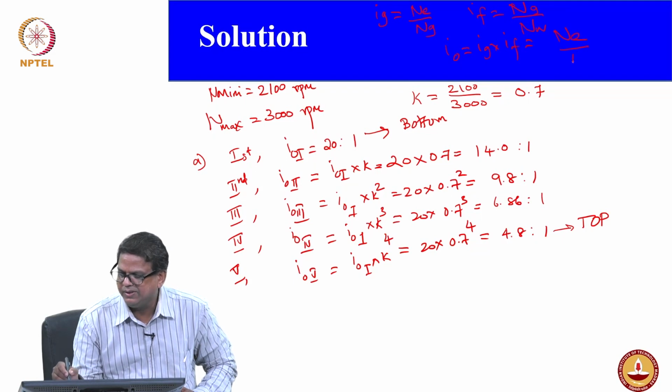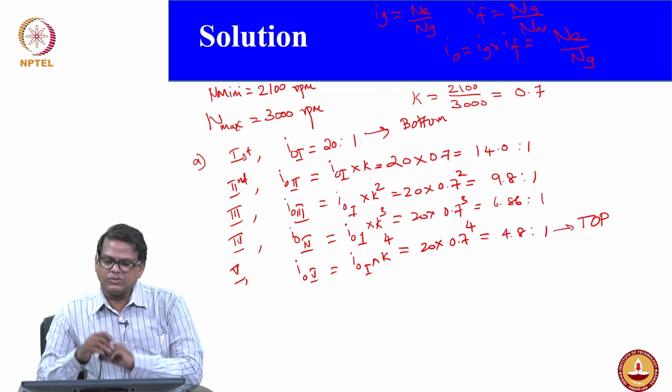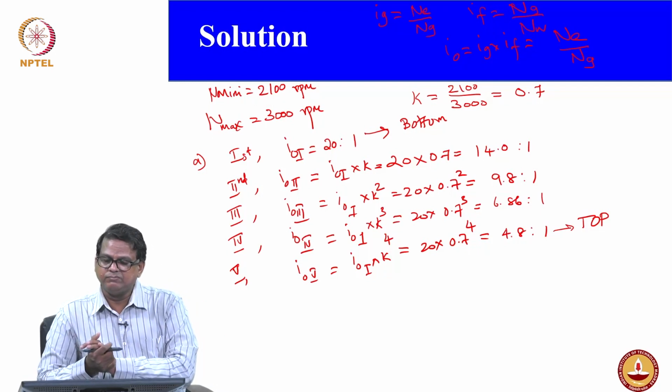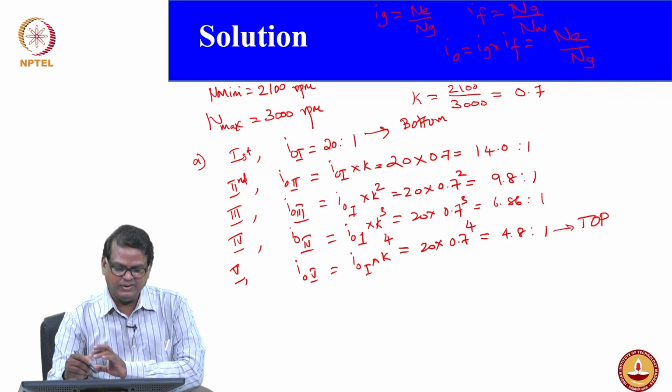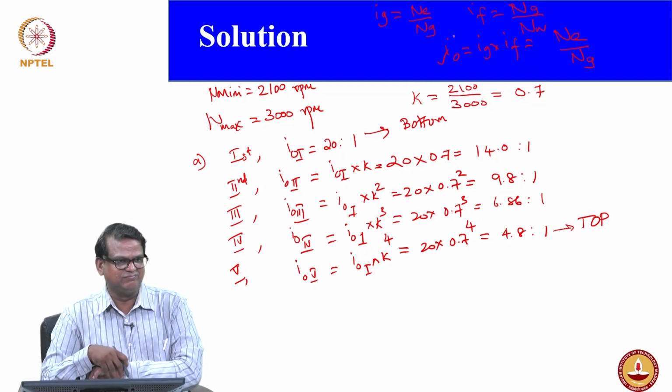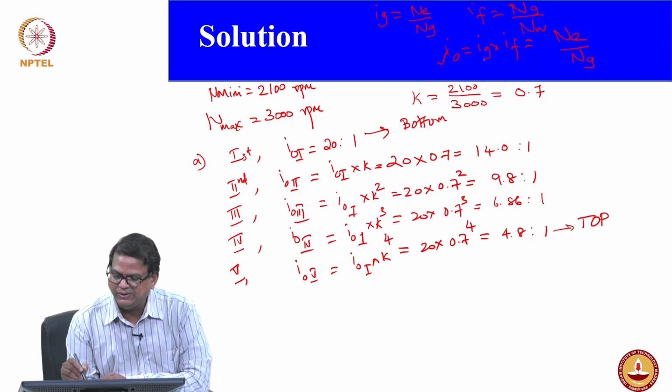nothing but Ne by Ng, right, Ng by Ne. So, what information do we have from this problem? We know IO individually, and we need to find out the individual Ig value.